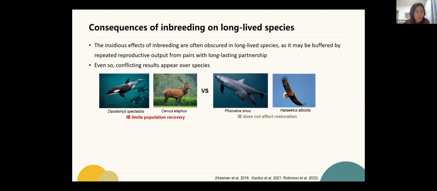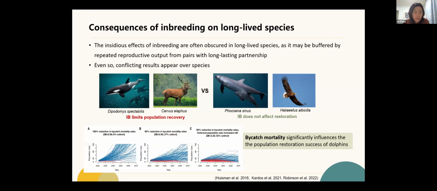And further, from the dolphin study, they did a simulation here, and they found that if they increase the bycatch mortality, then the success of population restoration also becomes lower.